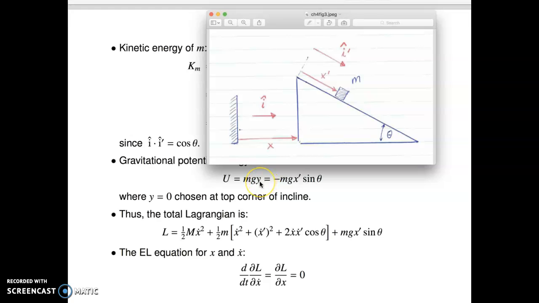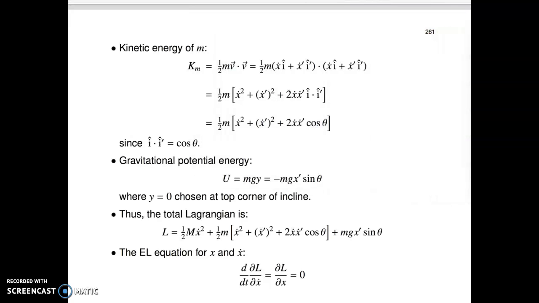And the relationship between y and x primed, well, they're certainly not parallel with each other, and not perpendicular. There's going to be a scaling factor, this trig function sine of theta. You should be able to do the geometry to show that that's the relationship between y and x primed, and you can see why it should have a factor of sine theta. I'll leave that as an exercise for you to do. It's just a little bit of geometry.